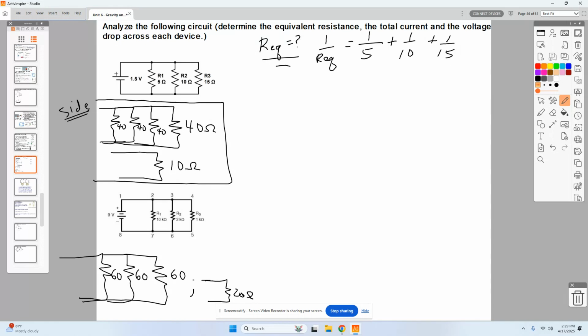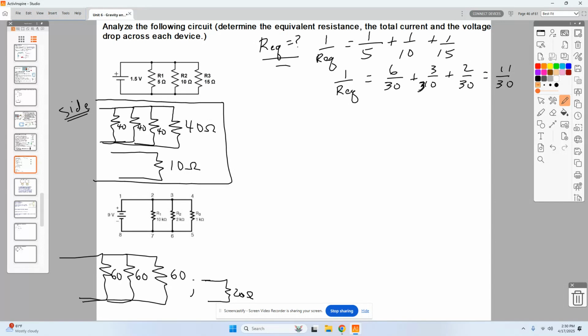Is it 30? Okay, so the least common denominator is 30. So 1 over Req would be equal to 6 over 30 plus 3 over 30 plus 2 over 30, which would be equal to 11 over 30.